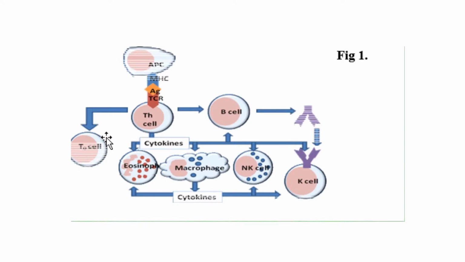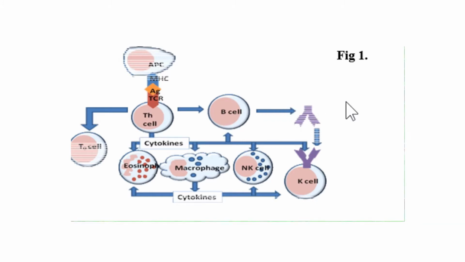The next step in these two cells is the induction of activation of certain types of cells depending on the antigen presented by antigen presenting cells, and there will be activation of certain types of cells by certain molecules secreted by the activated T cells.